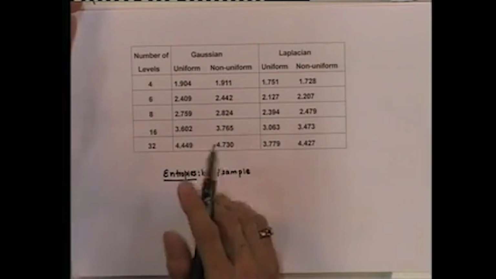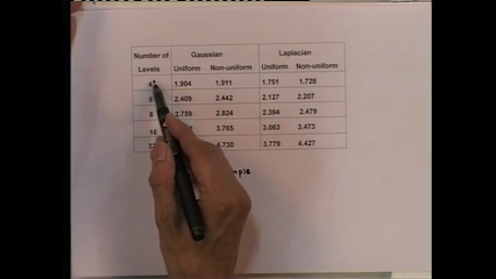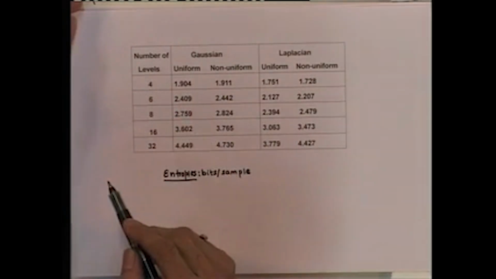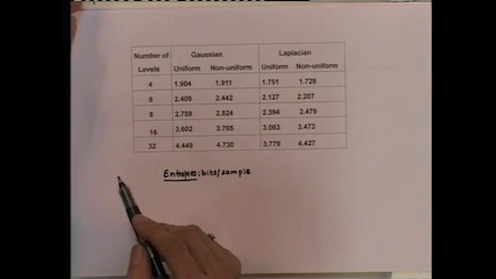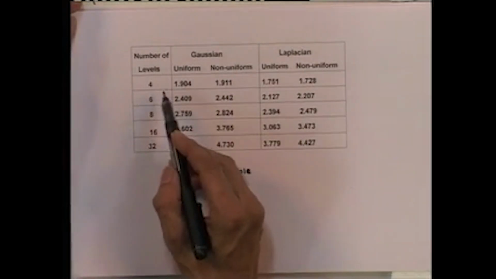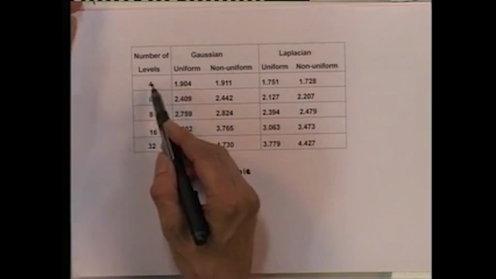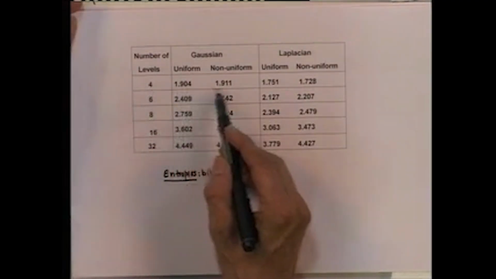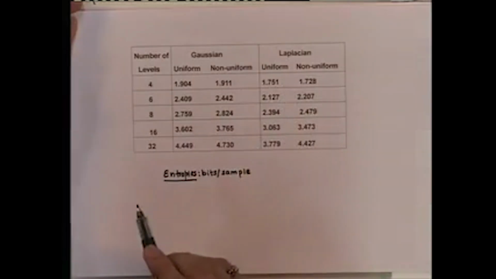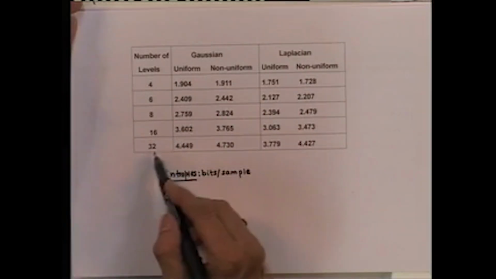First, we find that for the lower levels, that is low number of quantization levels, the difference in rate is relatively small between the fixed rate and entropy coded cases. But this is not the case for higher levels.